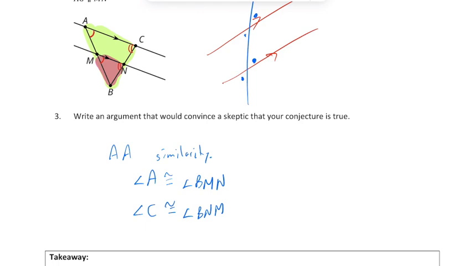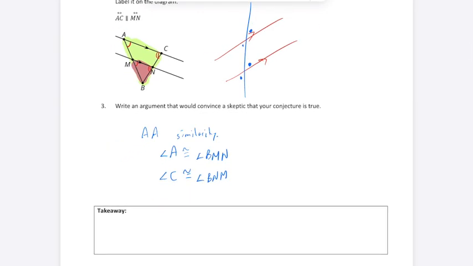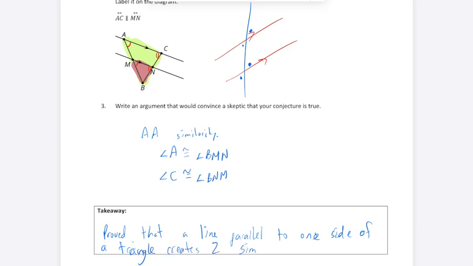All right, so what we did was we proved that a line parallel to one side of a triangle creates 2 similar triangles.